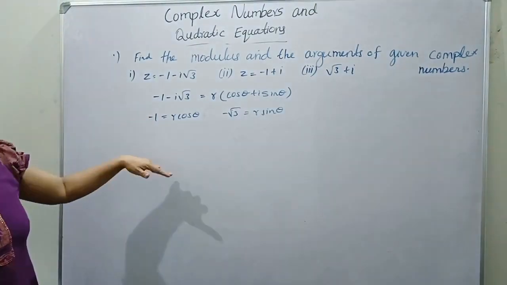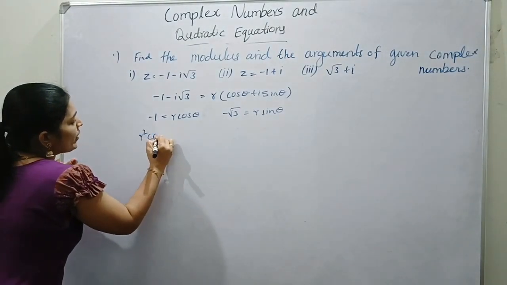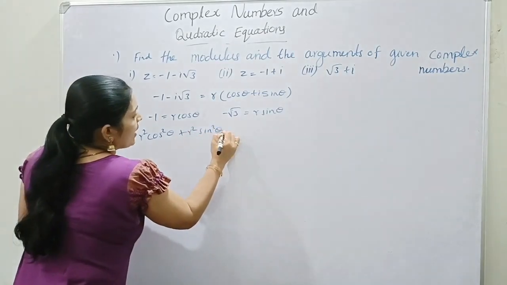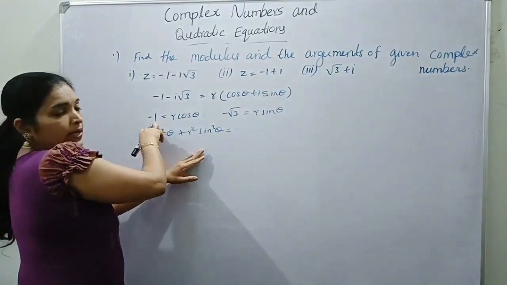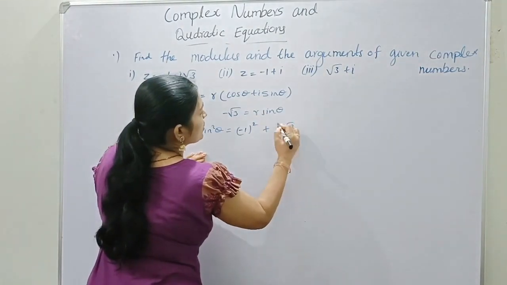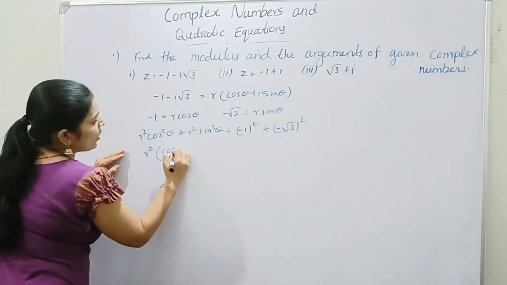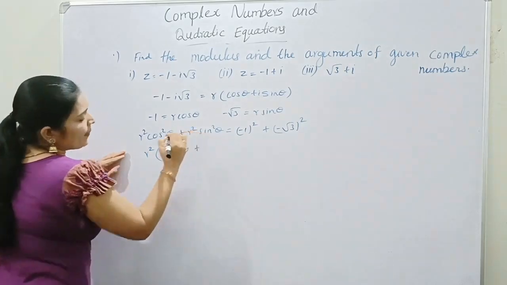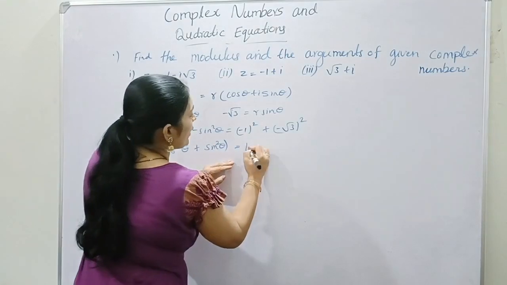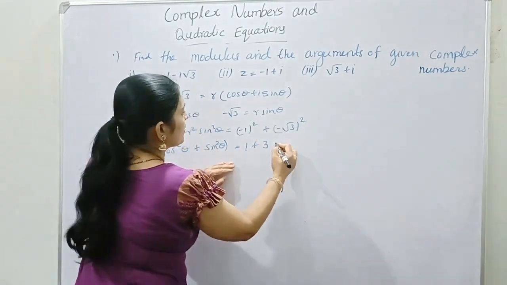On squaring and adding, we will get r square cos square theta plus r square sin square theta is equal to minus 1 square plus minus root 3 square. r square is common, take it out. So r square into (cos square theta plus sin square theta) is equal to 1 plus (minus root 3) square, that is 3.